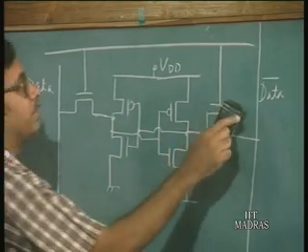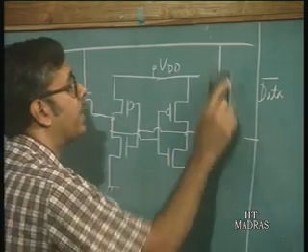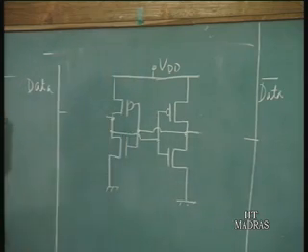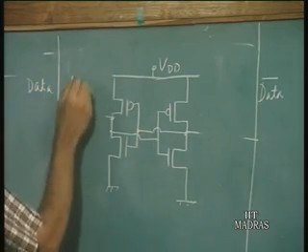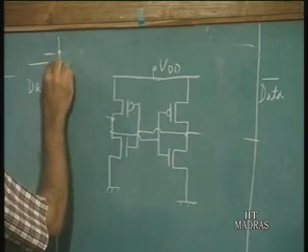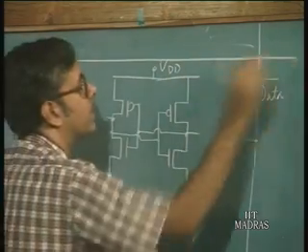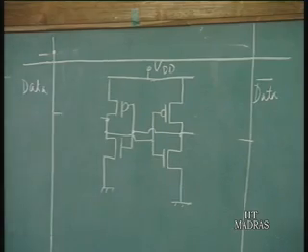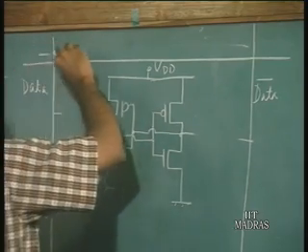So in fact I would better draw it in this form, to make it clearer. If this is the word line, this is the polysilicon word line, say, then I shall say this is the polysilicon word line.